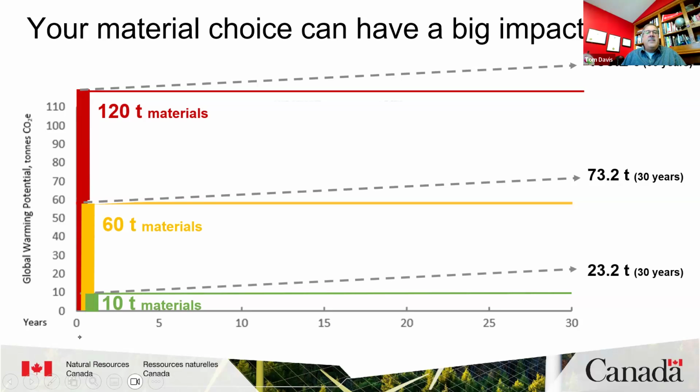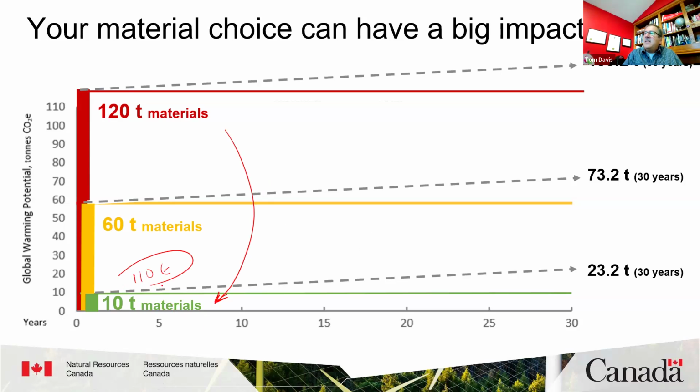We want you to be able to use this tool so that you can understand and share with your clients the MCE impact of a house design and help avoid the worst outcomes and encourage the best ones. So by making smart material choices, we can reduce the initial carbon emissions at day 0 by 110 tons.